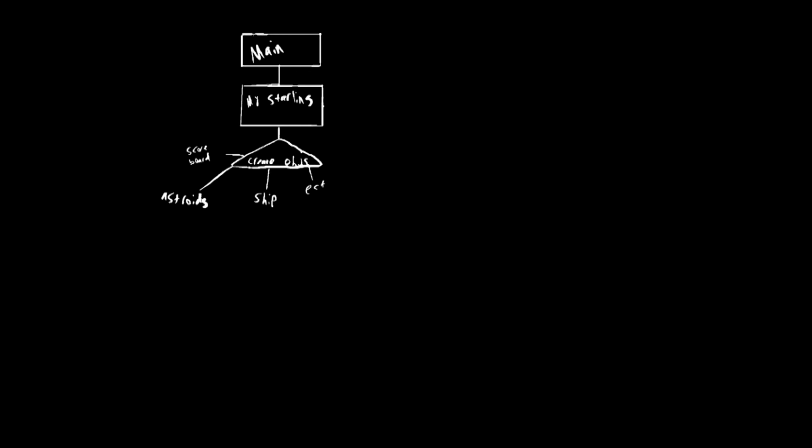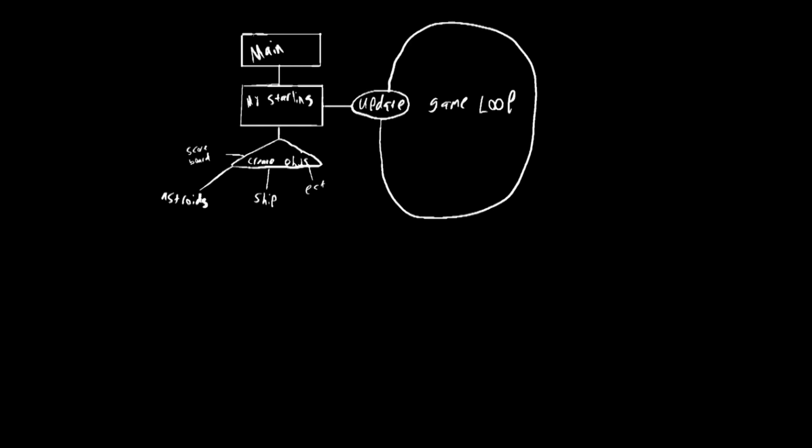Once you create these objects, there's no way for them to do anything unless they're constantly updated. This is where the game loop comes in. The game loop is updated every frame the game is rendered. So in a really simplistic game, if you're getting 60 FPS, that means your game is updating 60 times a second.